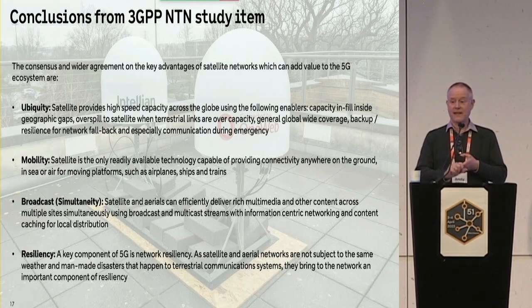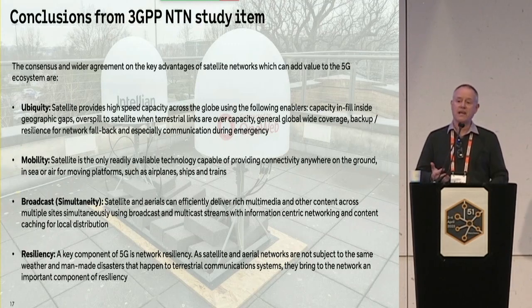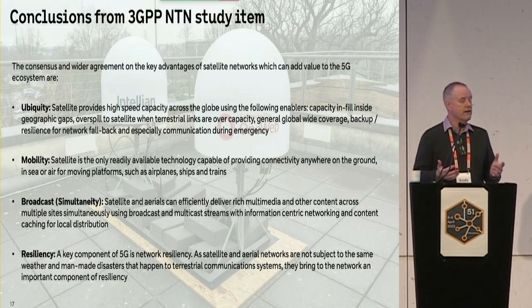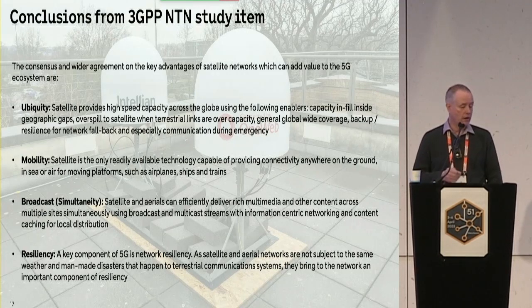But actually, if that's not available, and you've got a mission-critical application, then dropping into a non-terrestrial network will be advantageous. There will also be areas where it's not commercially viable to deliver terrestrial infrastructure. So again, satellite communications could fill that particular area as collectively as an industry we deliver 100% coverage of the globe.